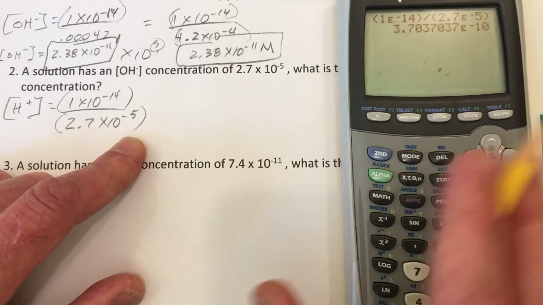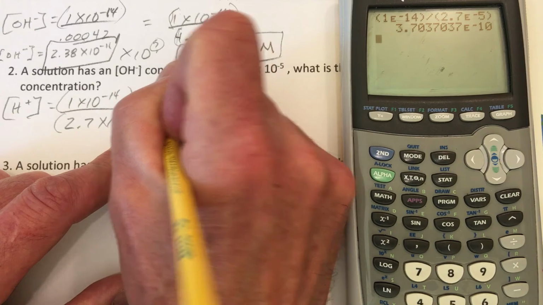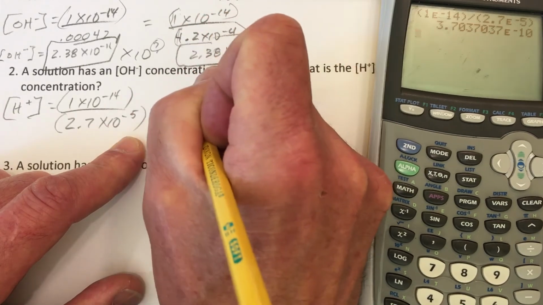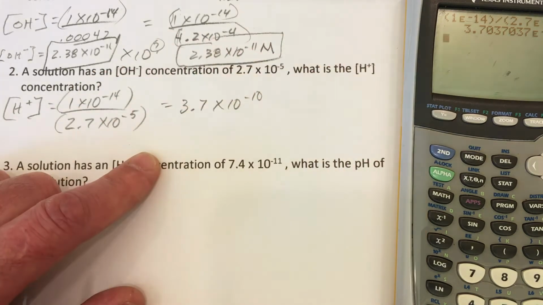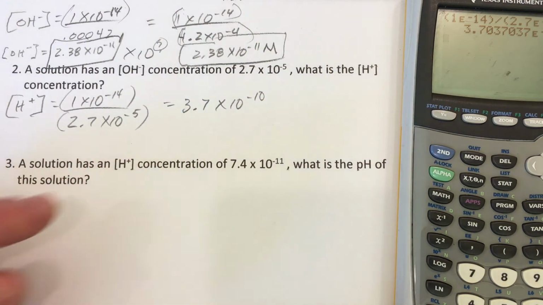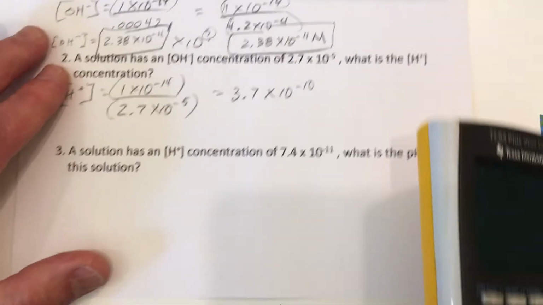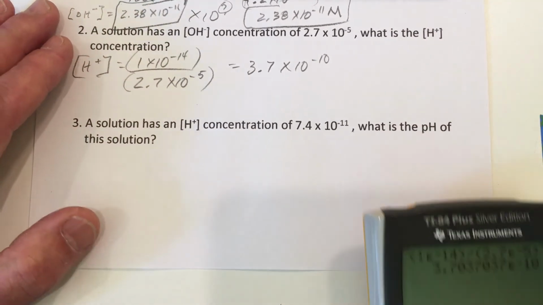And I get my answer, 3.7 times 10 to the negative 10. Okay. All right. So now let's do the next problem.